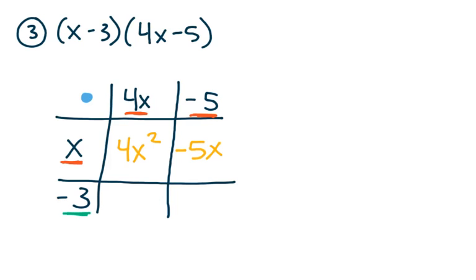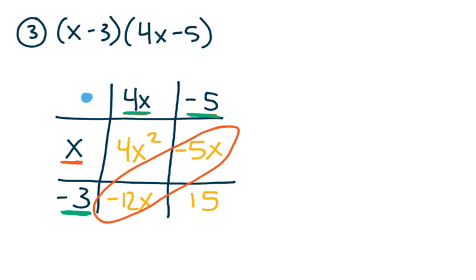On to my minus 3. I'll say negative 3 times a 4x equals a negative 12x. And lastly, a negative 3 times a negative 5, watch your signs, is a positive 15. From here, I can combine my like terms along my diagonal.